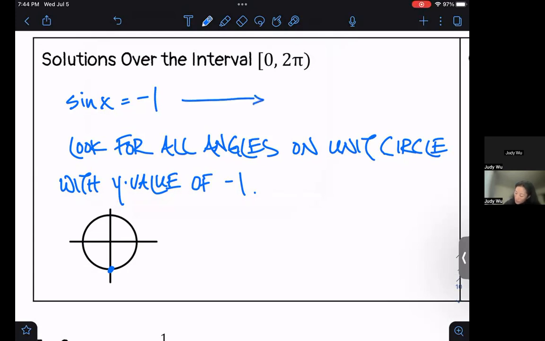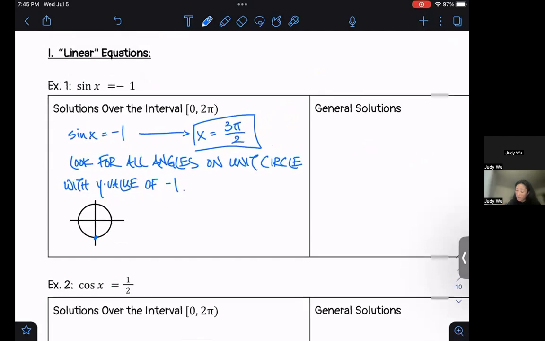And in fact, our solution will be at 3 pi over 2. Remember, like 99% of the time we're using radians. So we really want to say 3 pi over 2, not 270 degrees. So that's what it means to be a solution over the interval 0 to 2 pi.